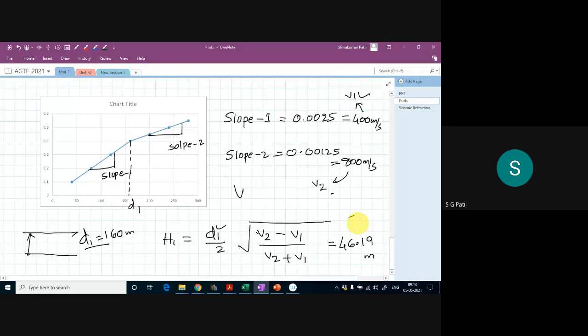Take the square root of this answer, and then multiply by 160 by 2. So I will get 46.19 meter. This is the answer.